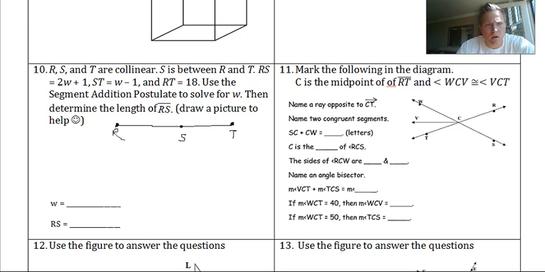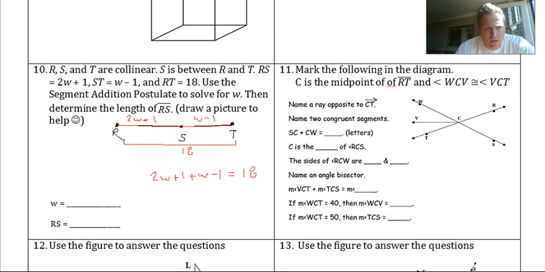So we know that RS is 2W plus 1. So let's write 2W plus 1. And we know that ST is W minus 1. And we were told that the full segment right here is 18. So remember, my segment addition postulate means if I add this length of the segment and that length of the segment, it's going to equal the full segment. So if I take 2W plus 1 plus W minus 1, it's going to equal 18.